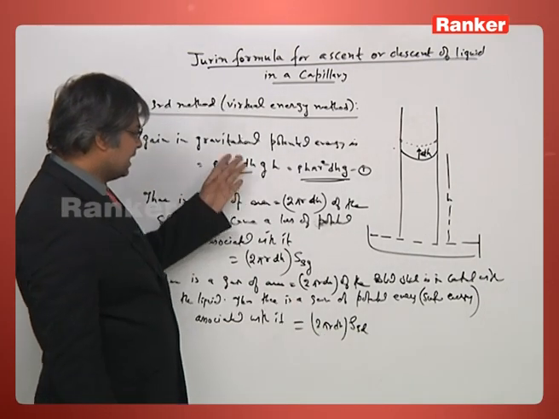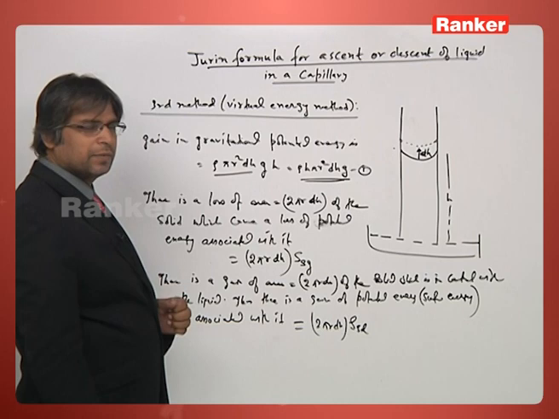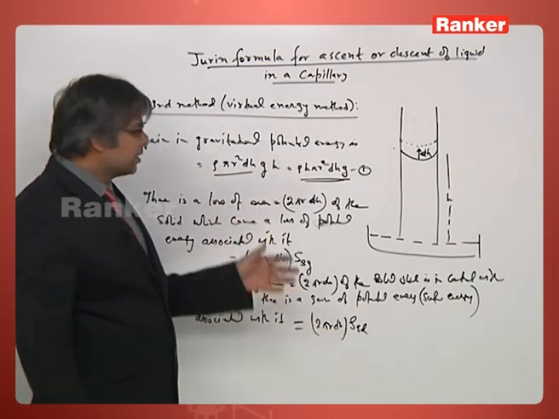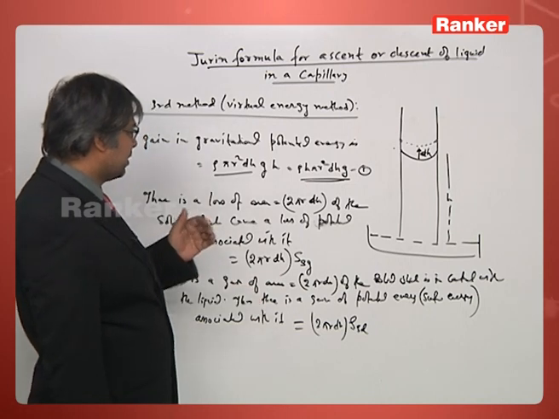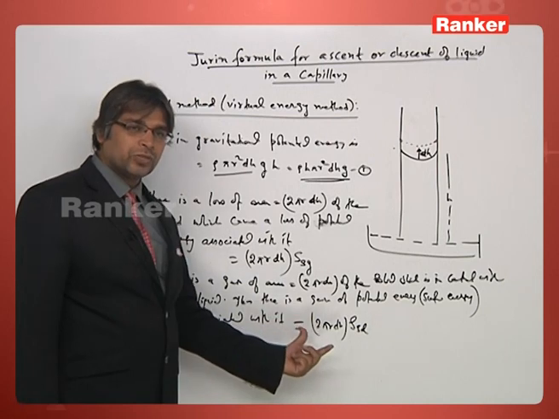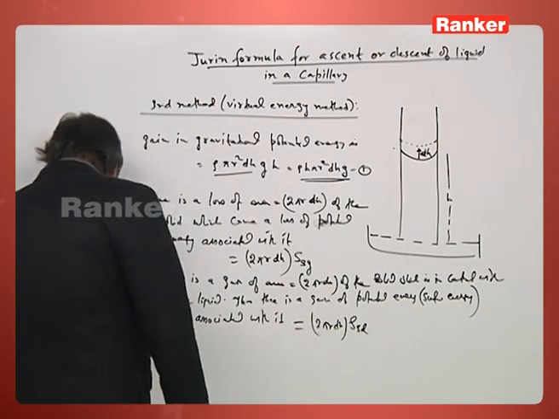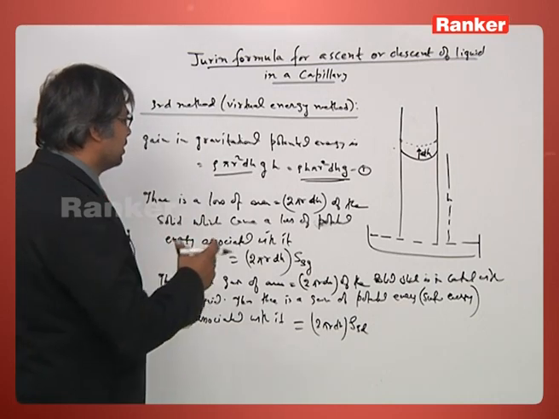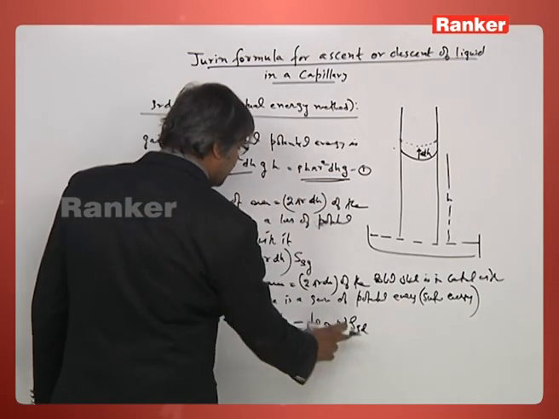So, you see here 3 things are there, 1 gain and 2 losses. Since there is no change in the potential energy of the system, this gain must be compensated by these 2 losses. So, thus from the virtual energy method, the principle, this is the sum of these 2.